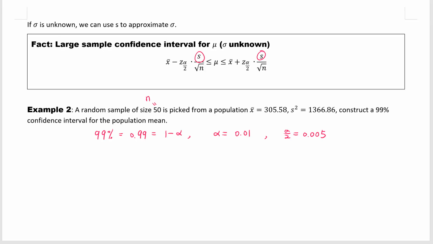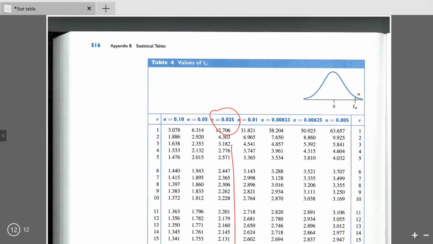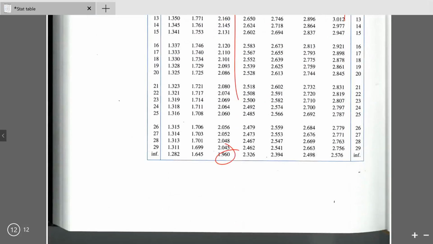Okay, so here we still have a large sample, so we still use z. So z 0.005 equals, let's look at table 4. Alpha 0.005, so the last column, 2.576.